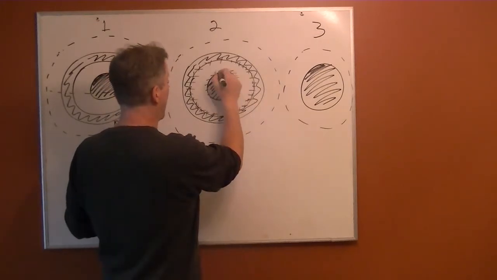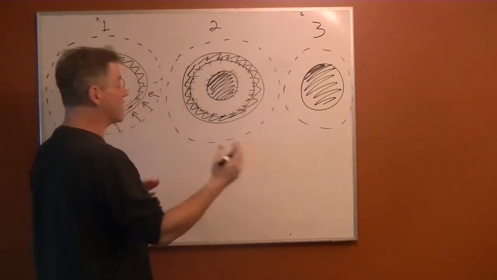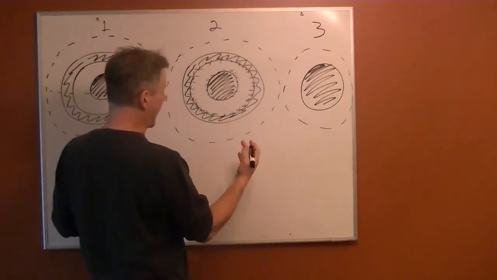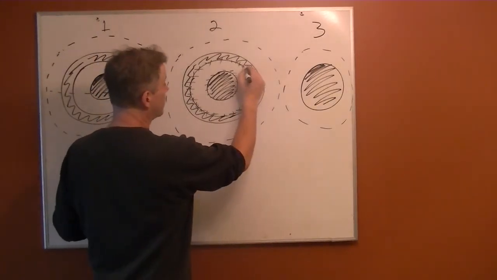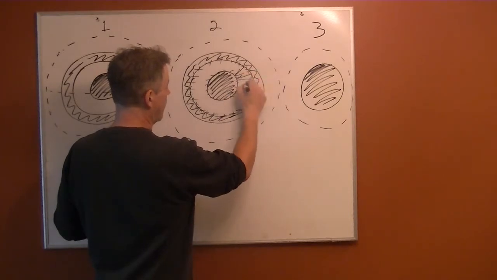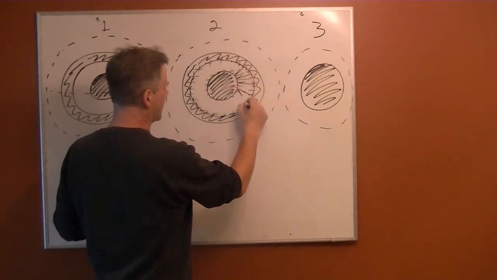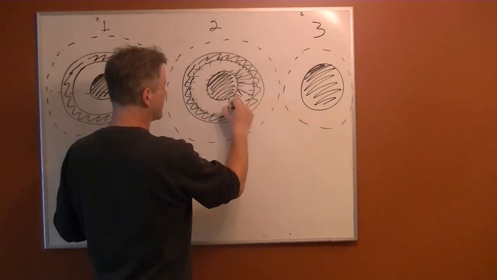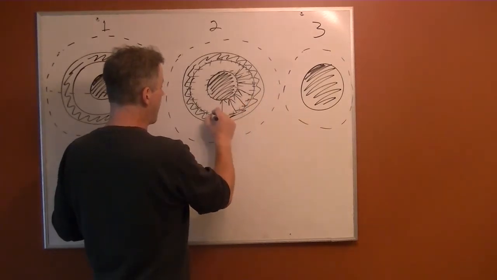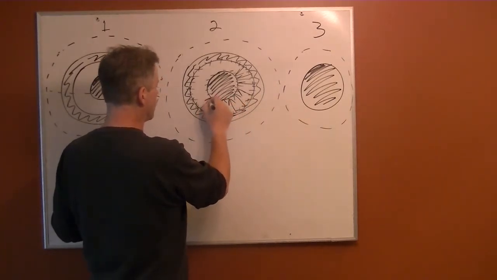Now, here's what's going to happen. Since I moved all those negative charges in, with those positive charges sitting out, I end up with a field in between called an electric field. There is now this very strong electric field trying to pull those positive charges in towards those negative charges.